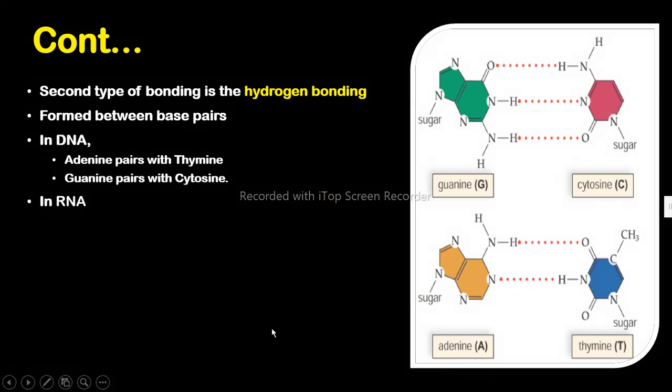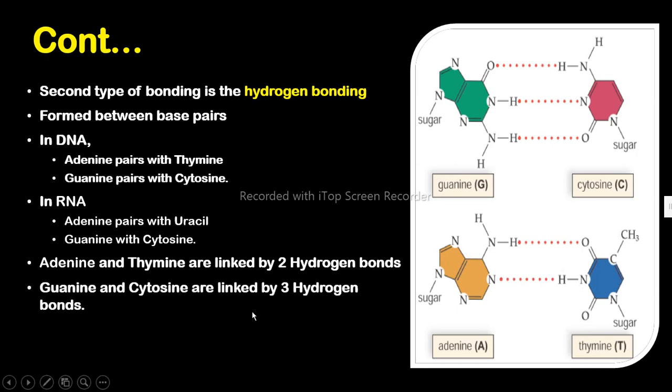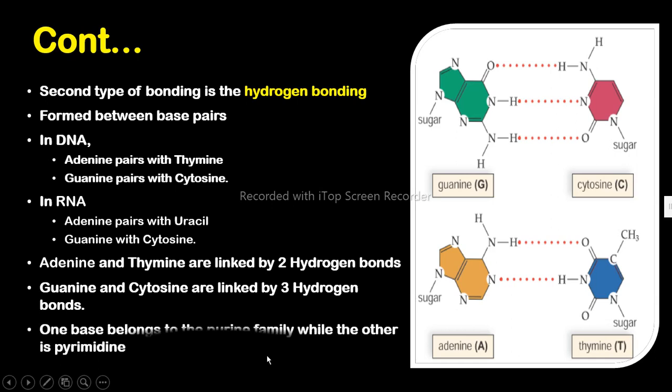I'll give you some little work. So basically, adenine pairs with uracil and guanine pairs with cytosine. Adenine and thymine are linked by 2 hydrogen bonds, whereas guanine and cytosine are linked with 3 hydrogen bonds.